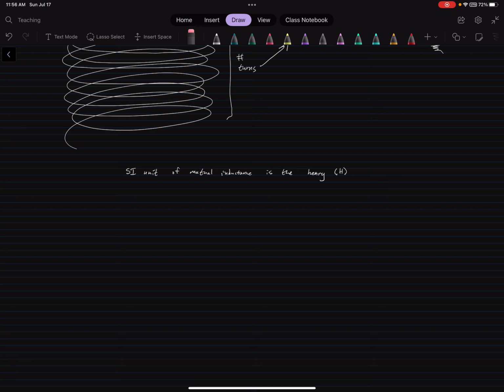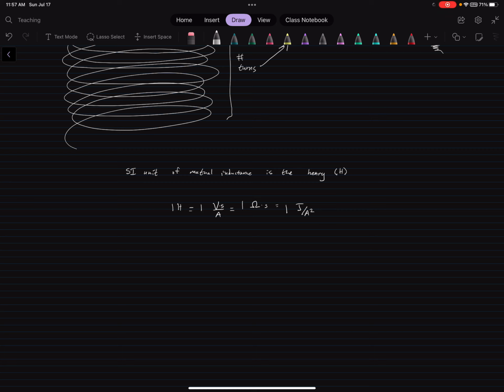And 1 Henry is equal to 1 volt second per ampere, or equivalently 1 ohm second, or equivalently 1 joule per ampere squared, all those things.